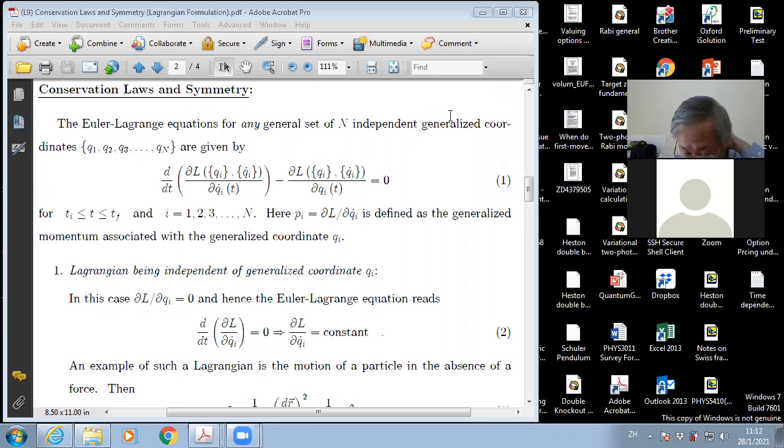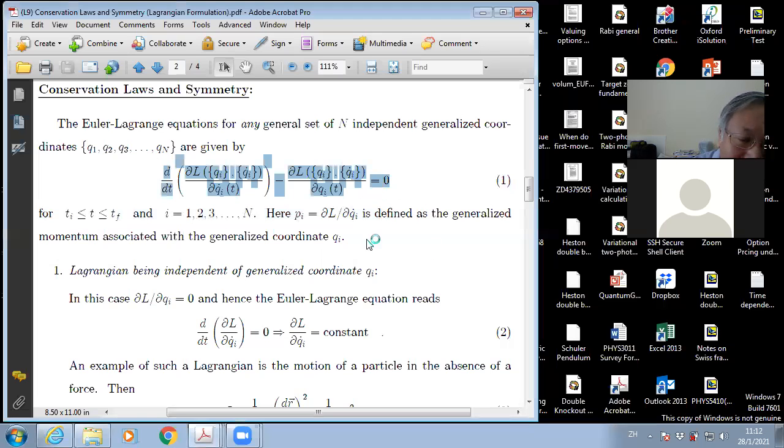And then we derive the Euler-Lagrange equations of motion, all right? The Euler-Lagrange equations of motion in terms of these n generalized coordinates are given in equation 1 here.